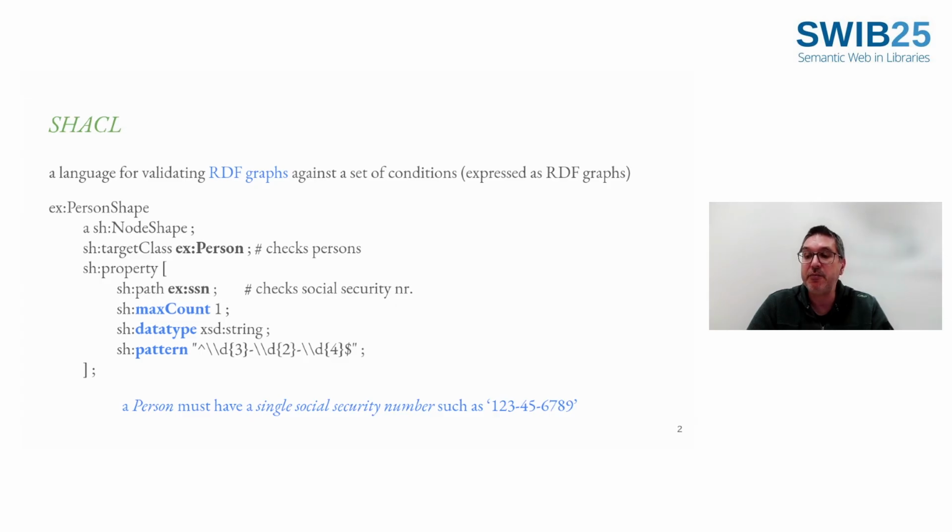The person shape defines rules of a person node. Each person should have one and only one, max count is set to 1, social security number denoted as SSN. That should be a string, the data type property, and match a regular expression, 3 numbers dash 2 numbers dash 4 numbers. This is the pattern property.